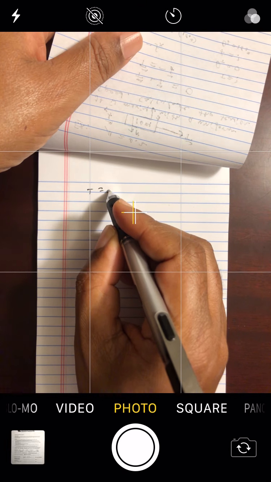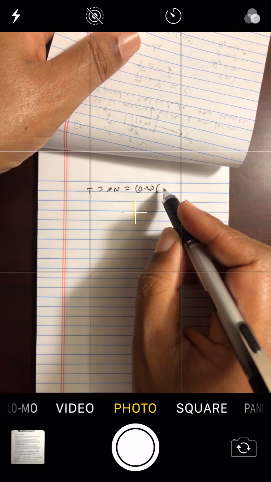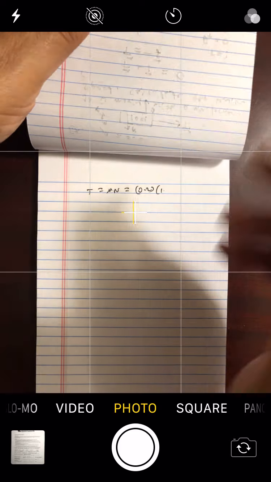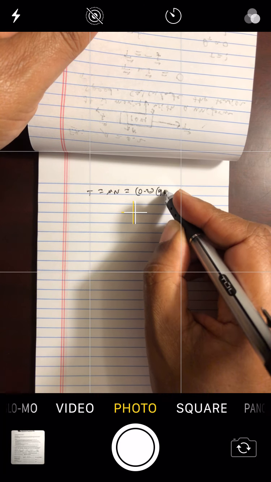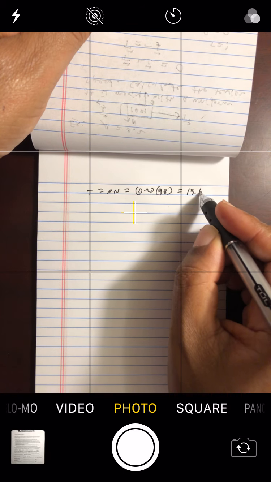So the tension equals mu times N, that is 0.2 times 98, which is 19.6 newtons.